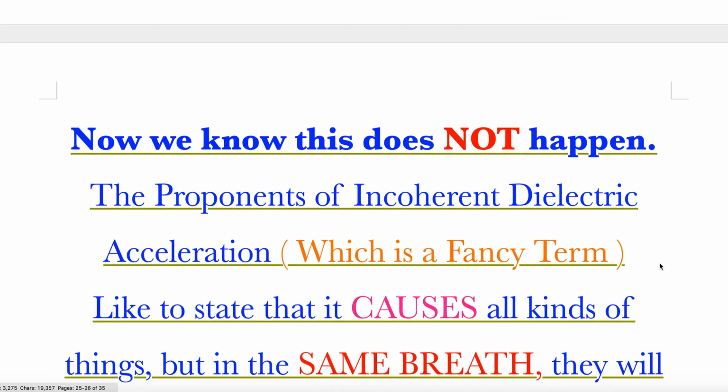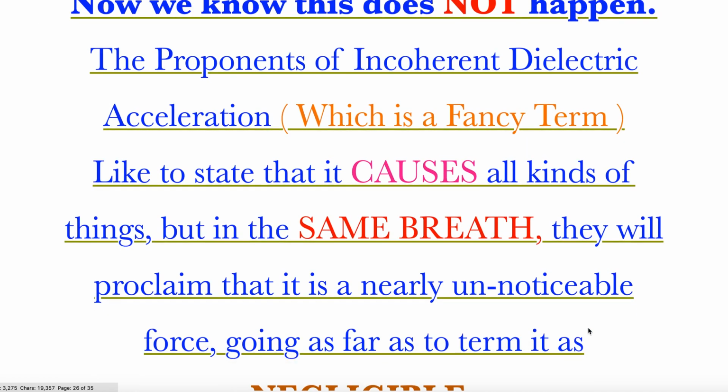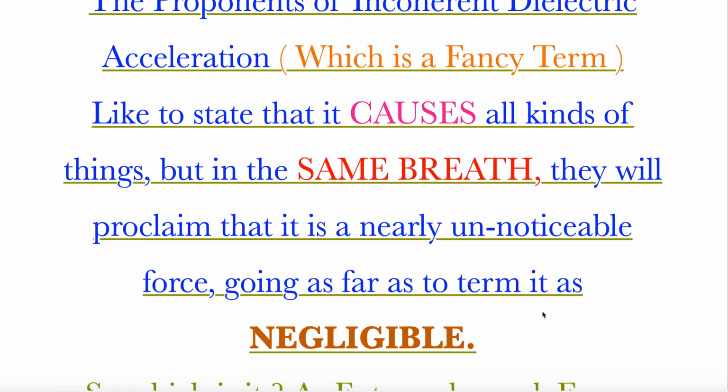The proponents of incoherent dielectric acceleration, which is a fancy term, like to state that it causes all kinds of things, but in the same breath, they will proclaim that it is nearly an unnoticeable force, going as far as to term it as negligible.